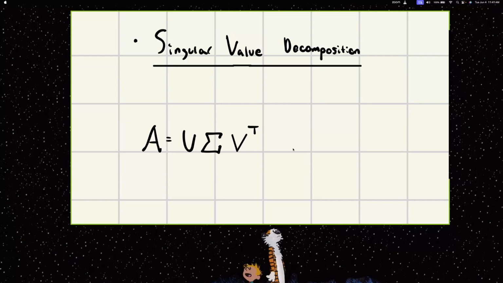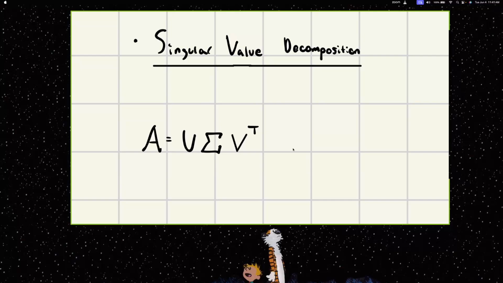But what this decomposition really revolves around is this idea of the four fundamental subspaces that we see in linear algebra. I won't go over them in too much depth, but just so you can recall, we have the row space, which would be the set of all vectors x such that Ax is non-zero.